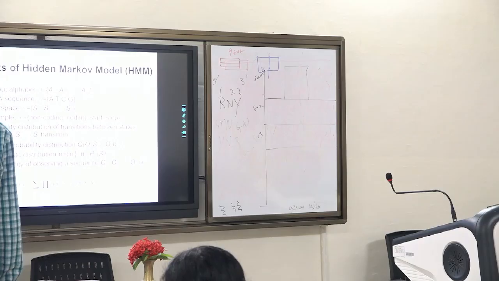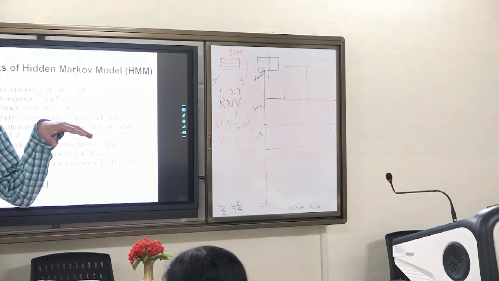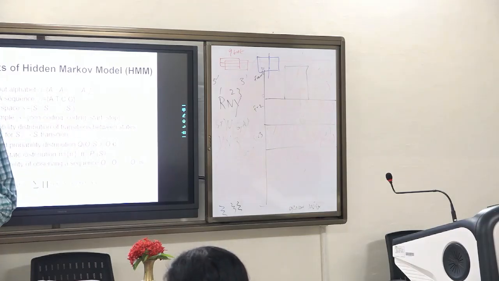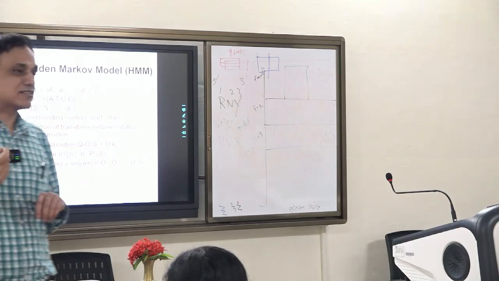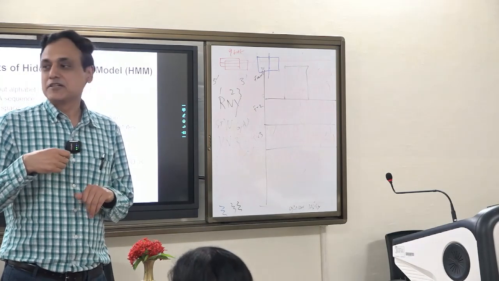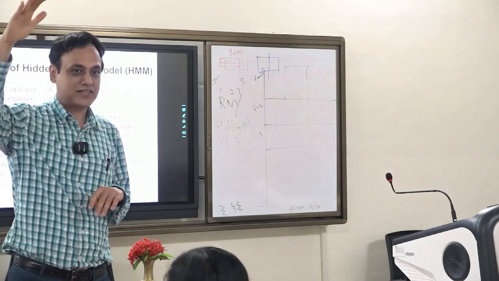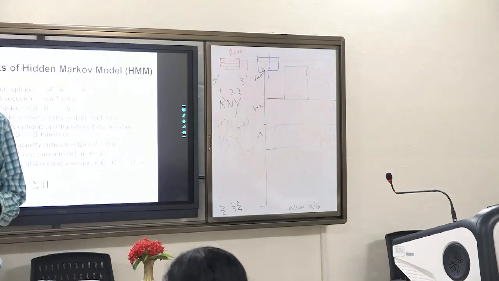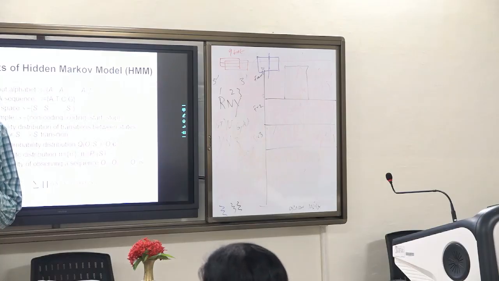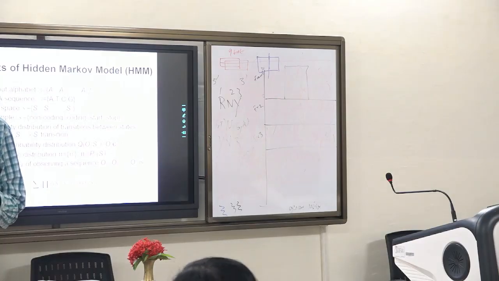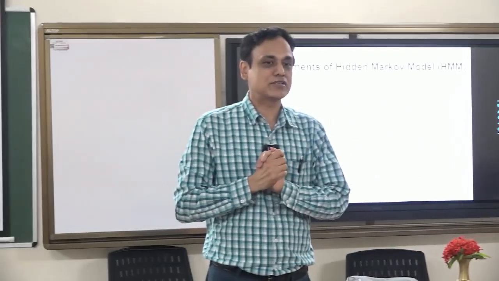Okay. So there are hidden states, and from each hidden state, symbols will be emitted. So if it is a protein coding state, it will emit these nucleotides A, T, C, or G from that state. If it is non-coding state, it will again emit these symbols, these nucleotides, from the non-coding state.